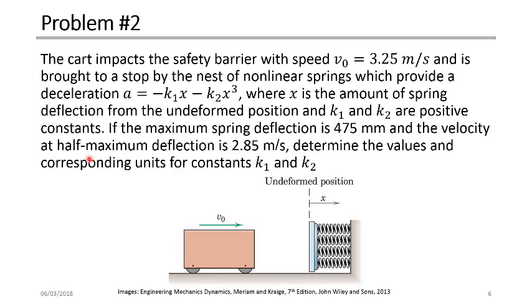And the velocity at half maximum deflection, if you divide this maximum deflection by 2, it's going to give you the position where the velocity is 2.84 meters per second. So the velocity is given at the mid position of the maximum. So determine the values and corresponding units for constants k1 and k2. So we are required to find k1 and k2, their values and their units.